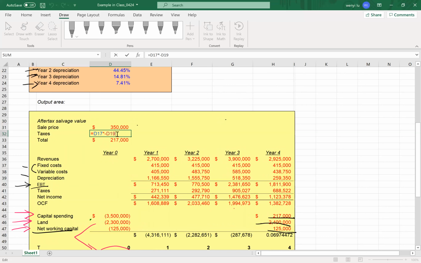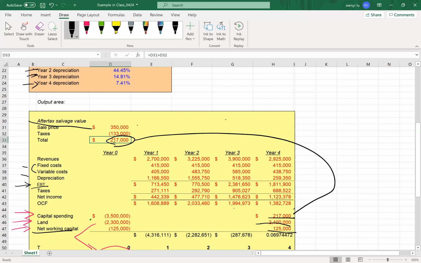And you can see our after tax salvage value is $217,000, and that number should be put here. And we are also adding back the release of working capital, and also we have what?